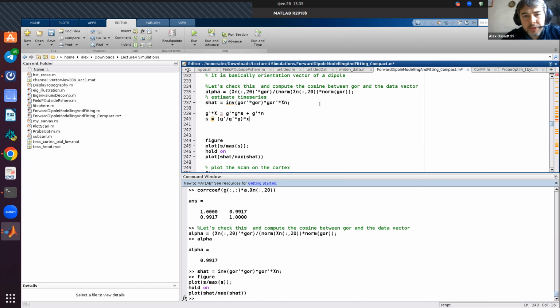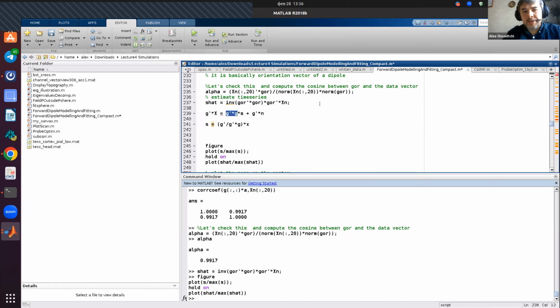So this is a vector. This is a scalar, just the squared norm of this vector. This is G transpose G. It's a squared norm, and you multiply it by your data. From this expression it follows that this time series, G transpose X, is stronger, with more amplitude than the real S is, ignoring the noise.